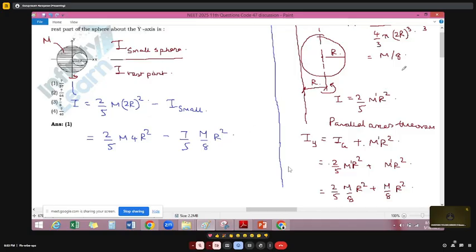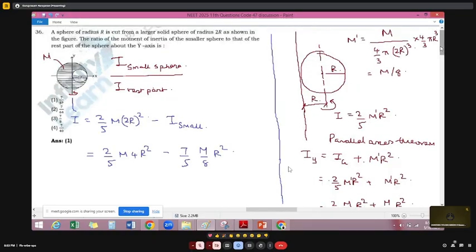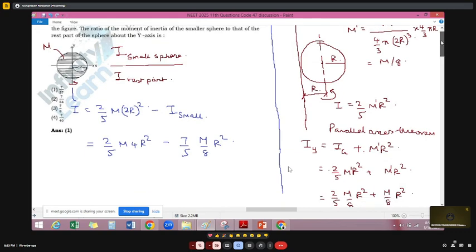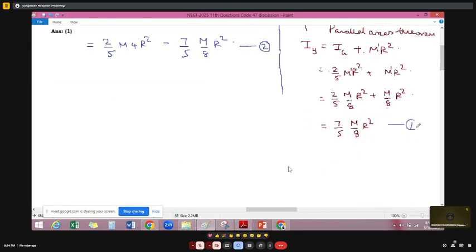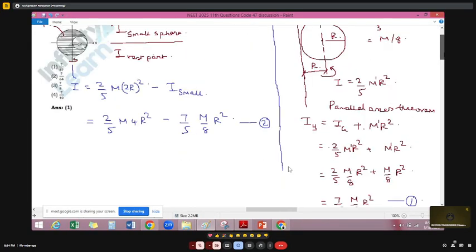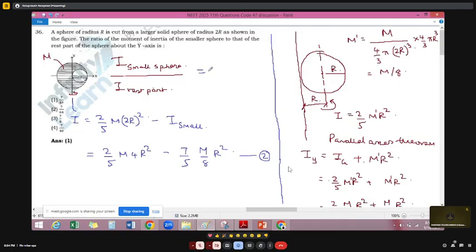And don't forget, you have not completed the problem yet. They are asking you the ratio, this by this, which means I small sphere is 7 by 5 M by 8 r squared. So this is result 2, and this is result 1. So basically I want 1 by 2, which is nothing but 1 divided by 2.